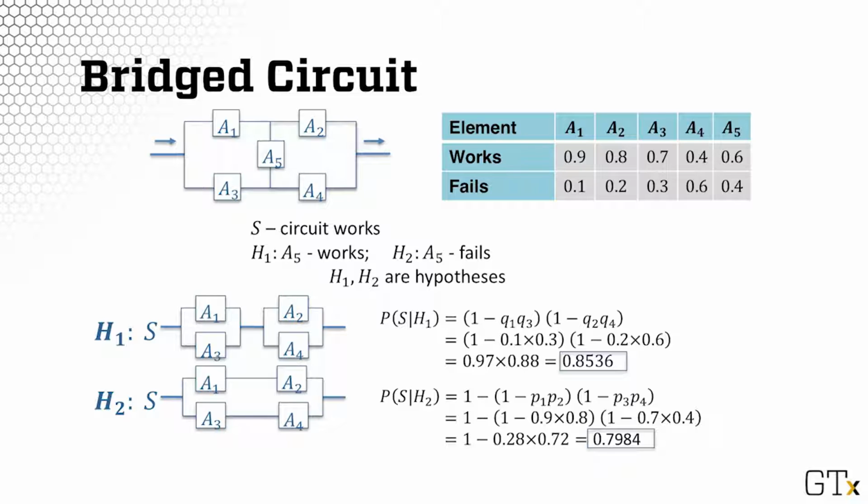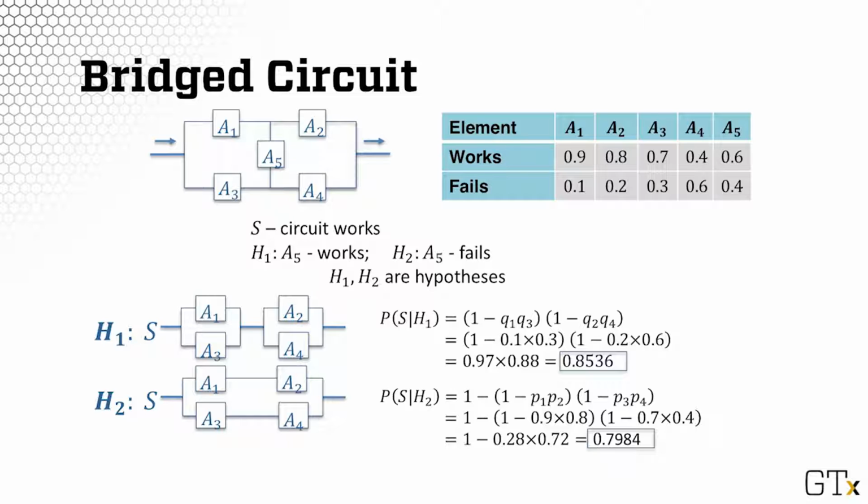Let's take a look at what happens with the circuit under these hypotheses. If hypothesis 1 is true, if A5 is working, take a look at how the circuit looks. It has two parallel parts, A1 and A3, serially connected with A2 and A4. And then we simply find the probability. Now, I am doing this quite quickly. For A1 and A3, I take 1 minus Q1 and Q3 because it is parallel and I'm looking at the probabilities of failing.